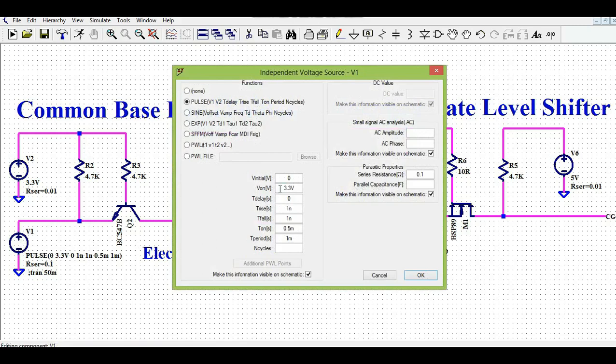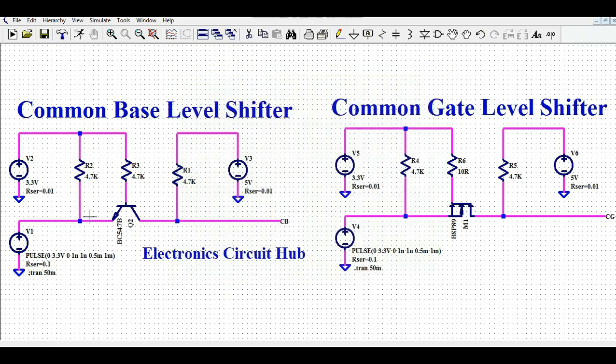You can see here the pulse source is 3.3 volt, T on is 0.5 millisecond, and T period is 1 millisecond. That means this emitter is connected to a 1 kilohertz signal with an amplitude of 3.3 volt.